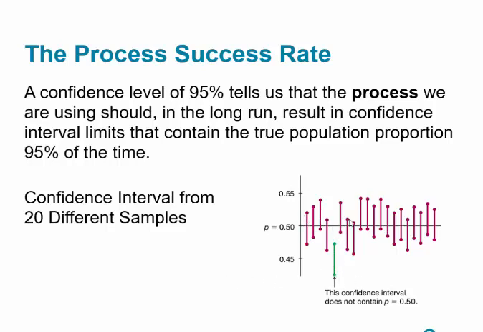Here we have 20 different samples, and one of them does not contain, in this example, the population parameter of 0.5. You can see that 0.5 is this horizontal line here, and all these vertical lines are the confidence intervals for different samples that were taken. You can see that the green one does not contain the actual population parameter. So when we do a confidence interval, this is in fact what we're saying.